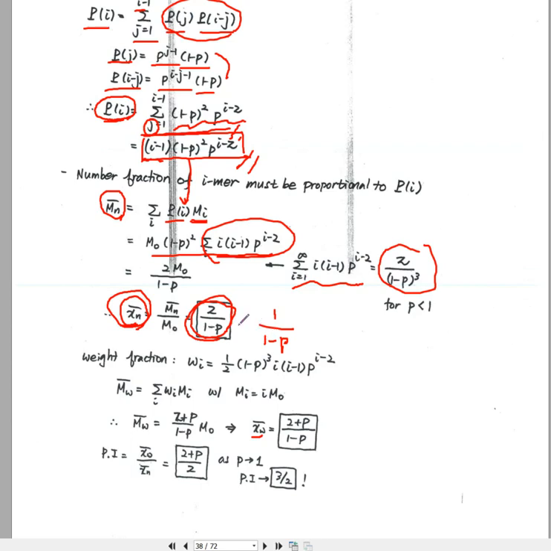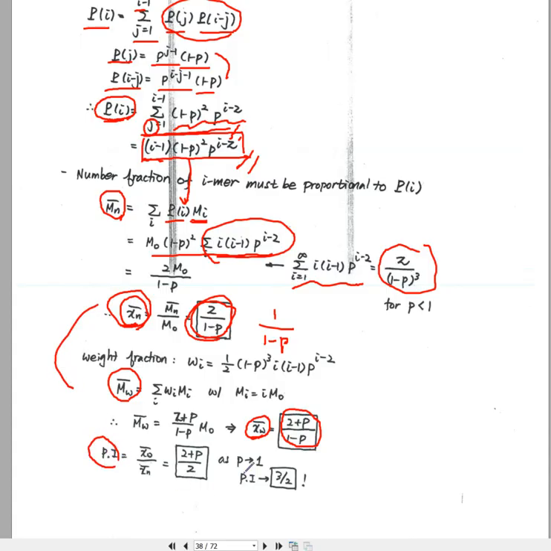Similarly, you can also calculate the weight average molecular weight and the weight average degree of polymerization. If you do the calculation, you can easily get 2 plus p over 1 minus p. It's also different from the previous calculation, right? From these two values, you can easily calculate PDI, not PI, PDI.